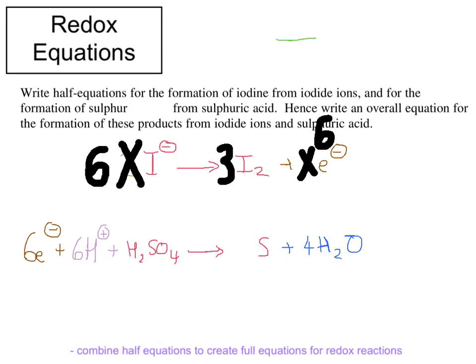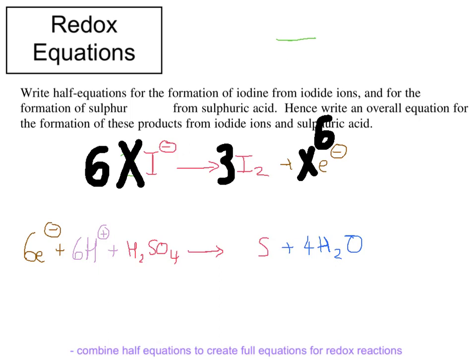All we do is add all the reactants together on the reactant side of the arrow and add all the products together on the product side of the arrow. You can either write the electrons in and then cross them out afterwards, or you can just leave the electrons out altogether now because you know that they'll cancel.